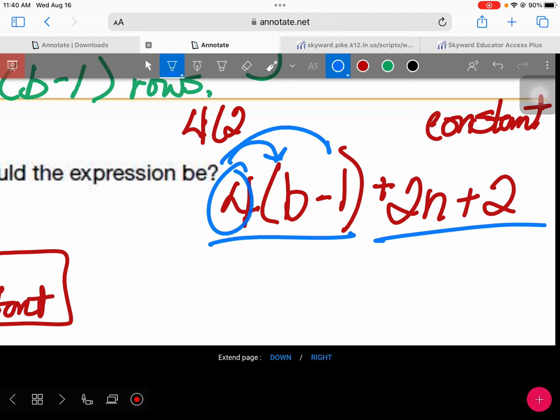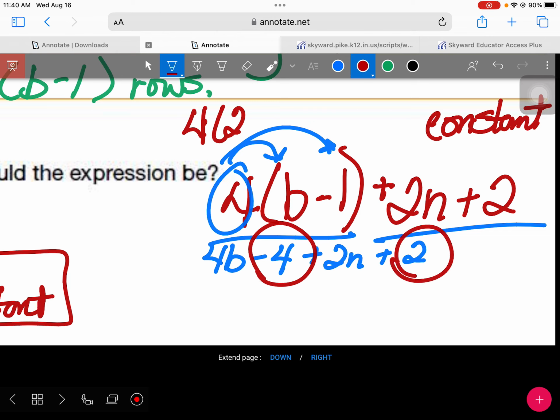We should distribute, yes. So if we have 4b minus 4 plus 2n plus 2, I can simplify my numbers here. So the final answer is 4b minus 2 plus 2n.